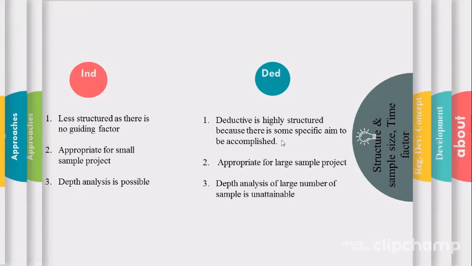But over here, because there is a particular aim, a particular goal which you need to prove or disprove, you find a fixed set of methodologies. And with these fixed set of methodologies, these fixed set of steps, you have to derive your research.